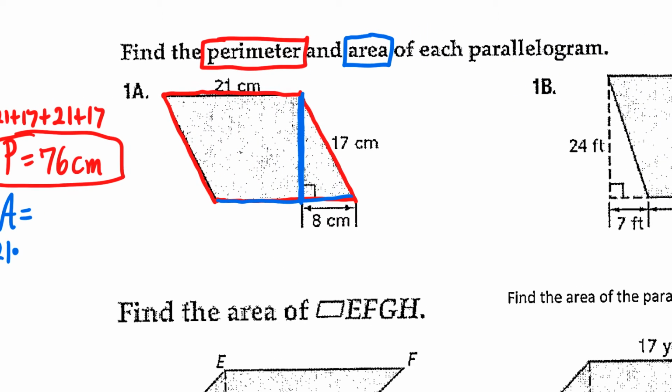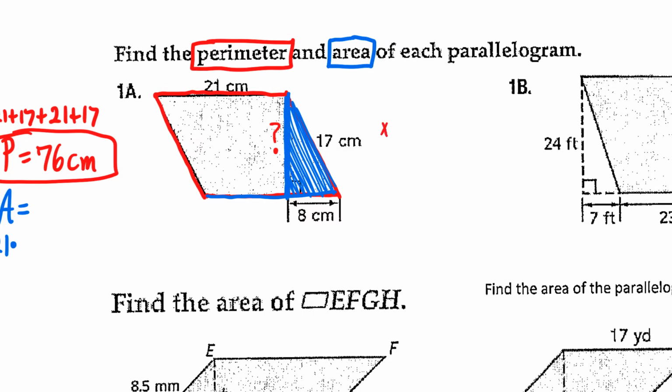So, if you think about this triangle right here, how could I find this side right here? Good, Pythagorean theorem is what we're going to have to use here. So x squared plus 8 squared equals 17 squared.